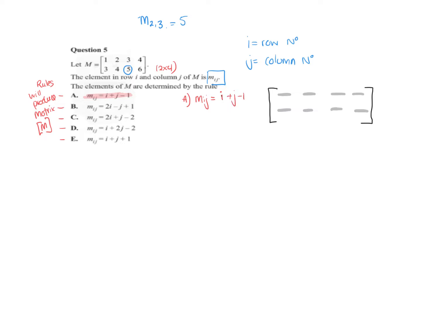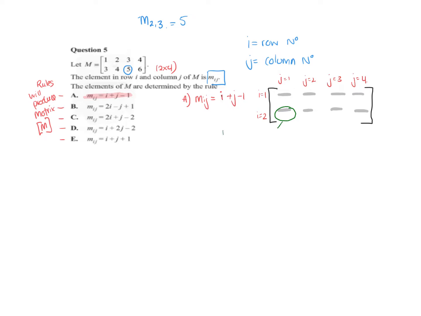Remember, i means the row number. So i equals 1 here, and i equals 2 along here, and j is the column, so j goes from 1 up to 4. If, for example, I want to find out what this element is, I would use this formula.